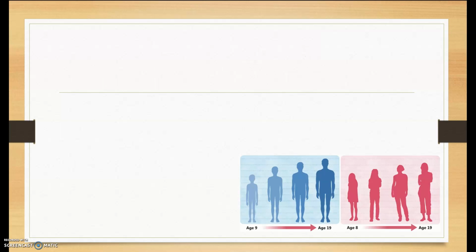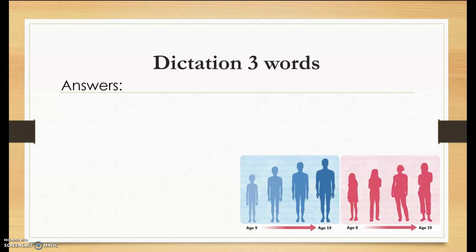Okay, now let's check your answers. Bring out your red pen to check your answer. If your answer is correct, please put 1, and if your answer is incorrect, copy the correct answer. Okay, let's read together and spell together. Number 1, swelling. S-W-E-L-L-I-N-G. Swelling.